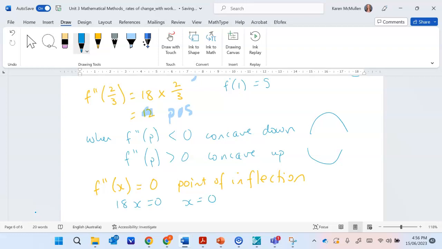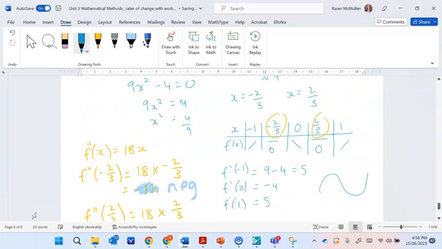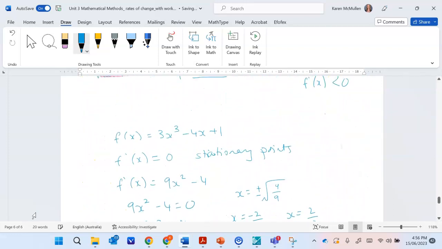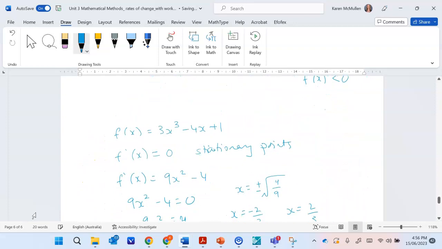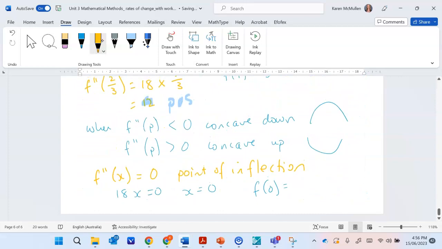So if we were to substitute 0 back into our original function, f of 0, basically we get 1. So we have an inflection point at 0, 1.